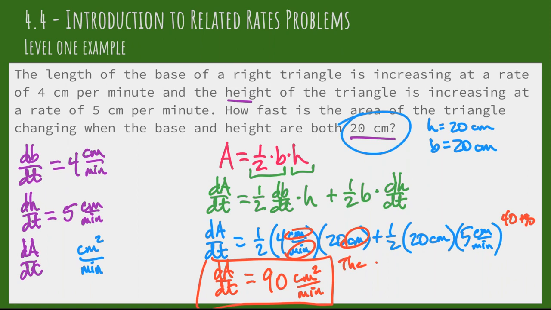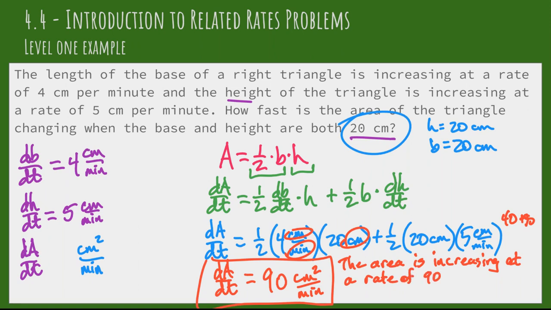So we're going to say the area is, we want to say increasing or decreasing or some synonym of that. Since the 90 is positive, it's going to be increasing. And that should make sense because both the height and the base are getting bigger. So that should make the area bigger at a rate of 90.